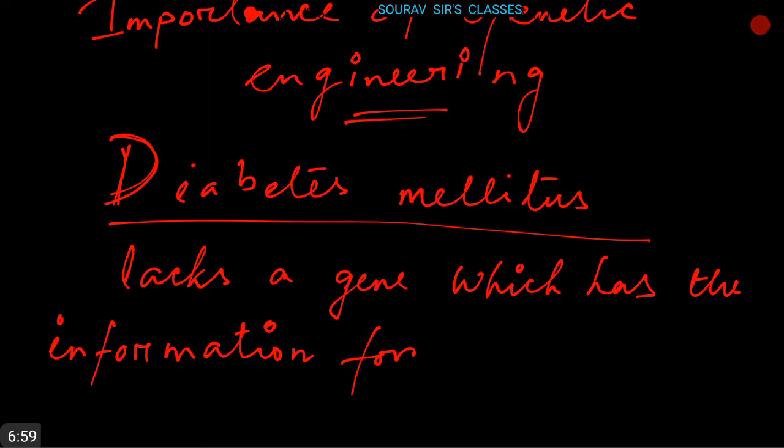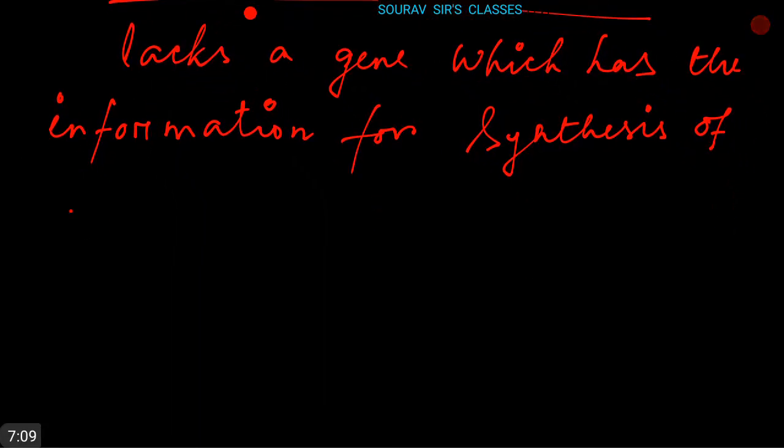And because of this, diabetes occurs. So, such a person cannot secrete insulin.